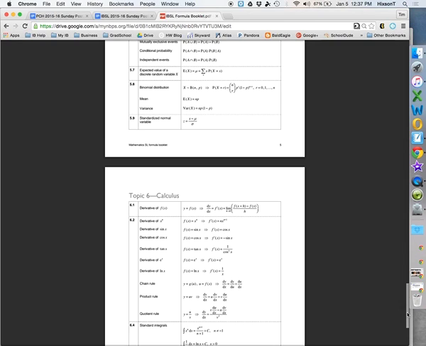Quotient rule, yeah. See, they use all the dy dx's and du dx's and all that. So, my thing is just memorize it, but if you forget, make sure that you've at least looked at these and you can figure out what it's saying. This is just v times du dx, so v times u prime, or u prime v, minus u times dv dx, that's the v prime, over v squared. Why do they do that? I think just to be consistent, but it is kind of a pain.